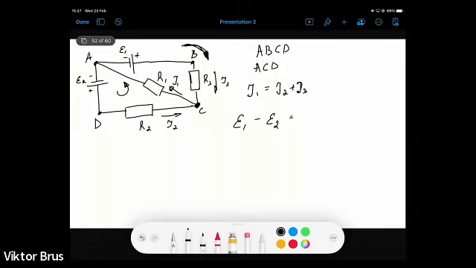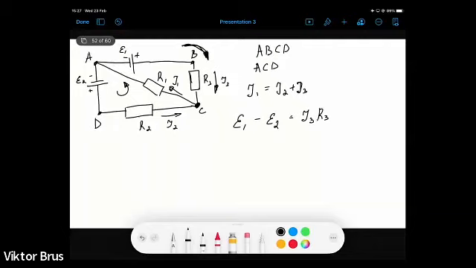In the case of resistor R3, the electric current coincides in direction with the path of the loop, so we take it with a positive sign: I3 times R3.